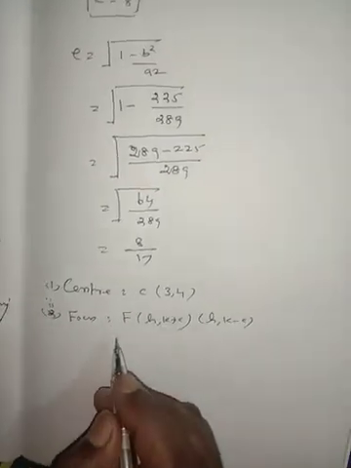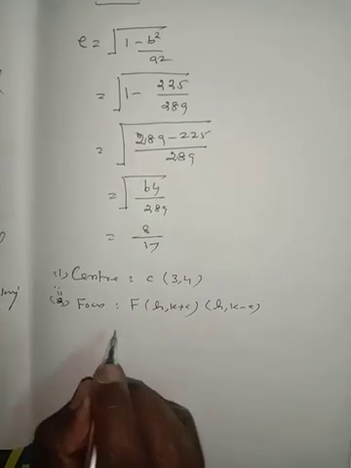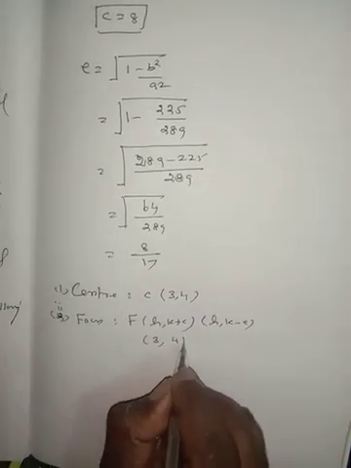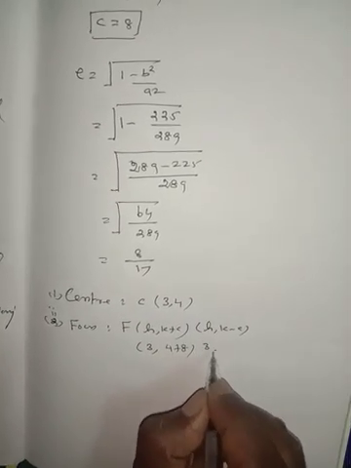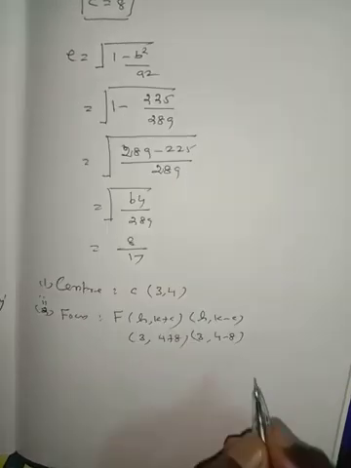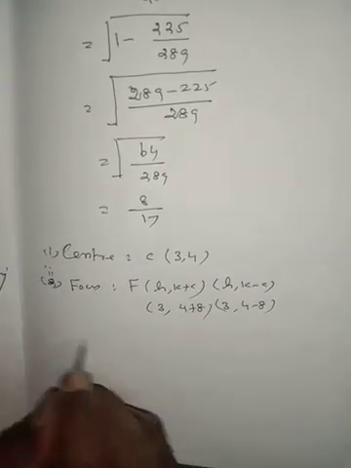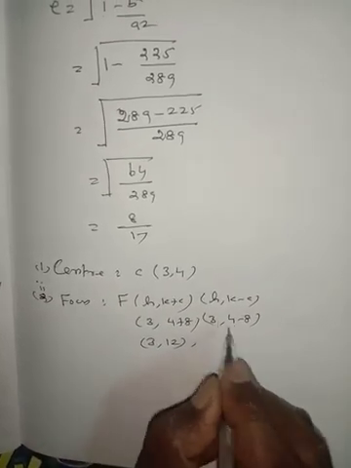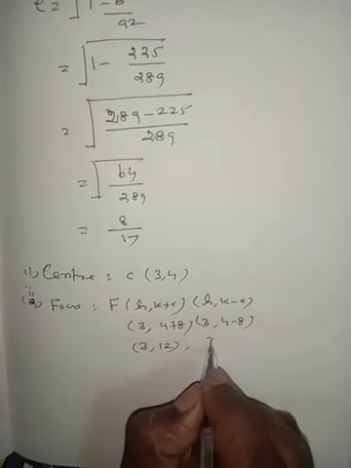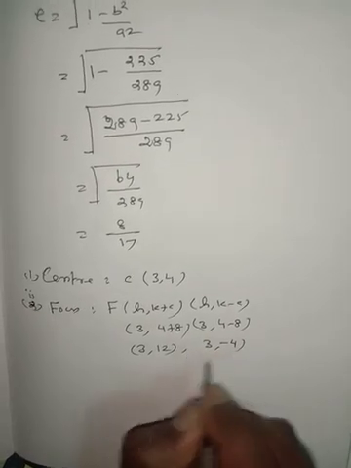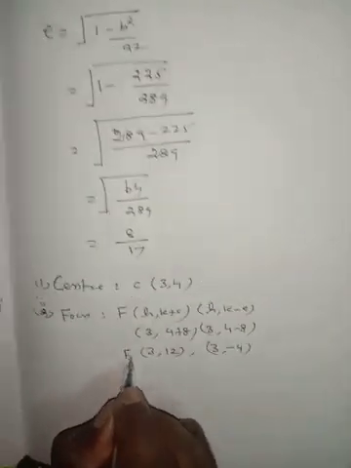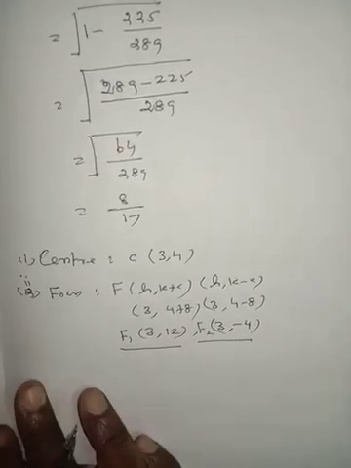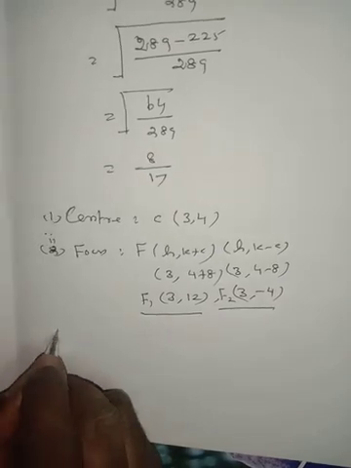Here (h, k) is (3, 4). So (3, 4 plus 8) and (3, 4 minus 8). Now (3, 12) and (3, minus 4). This is F1, this is F2.